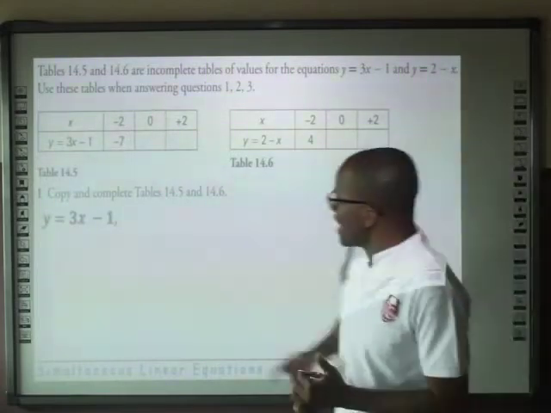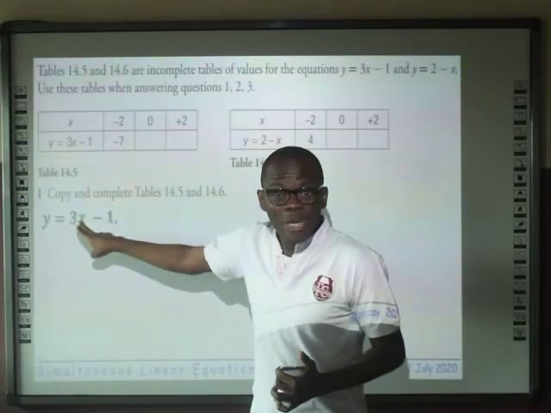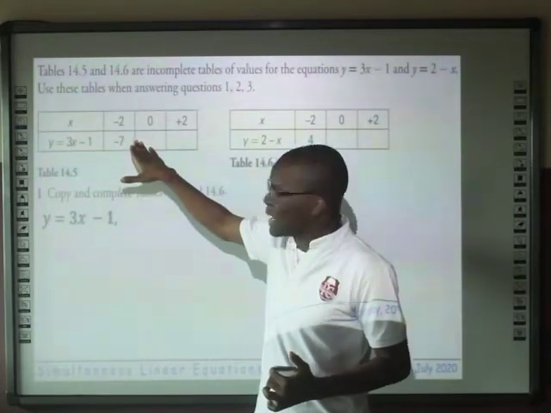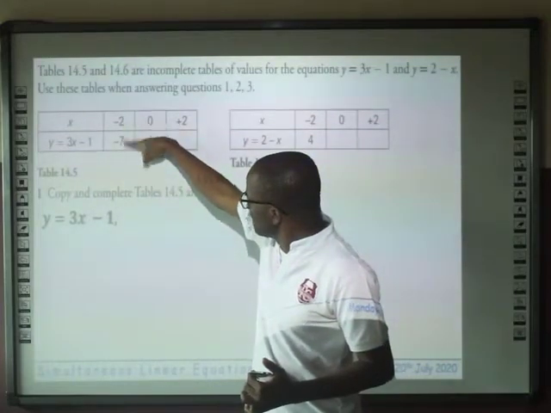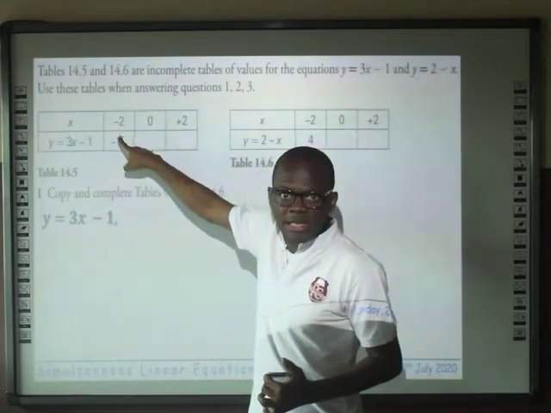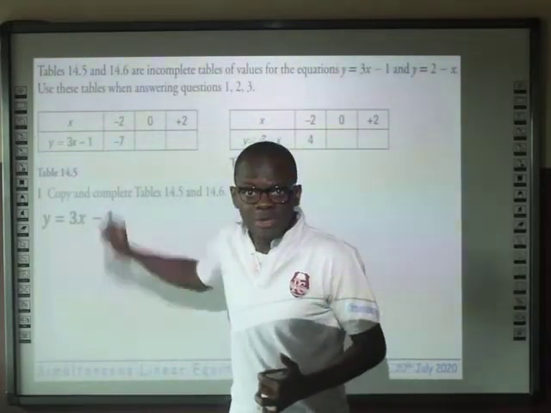So let's see how we complete the tables. Now we have the equation y is equal to 3x minus 1, and it's this equation we only need to complete this table. Alright? But let's see if indeed these values are correct. When x is minus 1, are we going to get this corresponding value of y using that equation, y is equal to 3x minus 1?